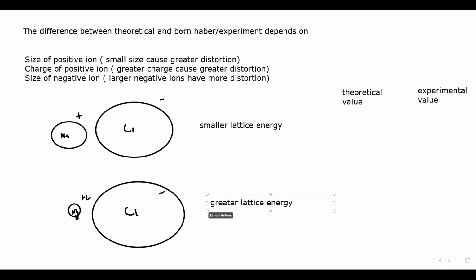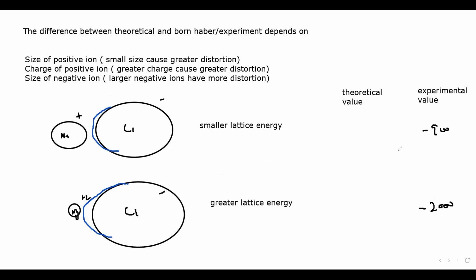So if the experimental value is, for example, minus 2000, then sodium chloride will be minus 900. Theoretical value: magnesium is smaller in size, so it will cause a greater distortion to the chloride ion as compared to sodium.